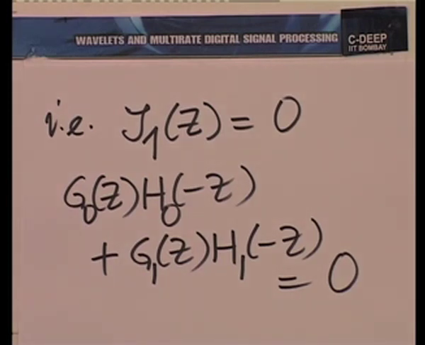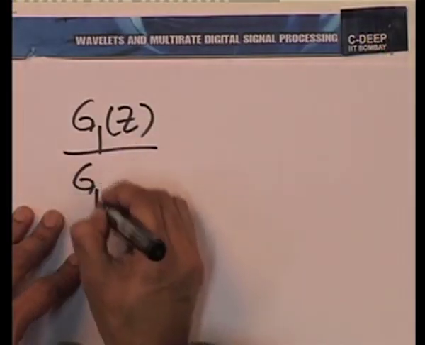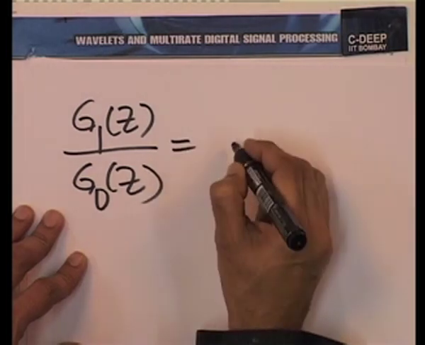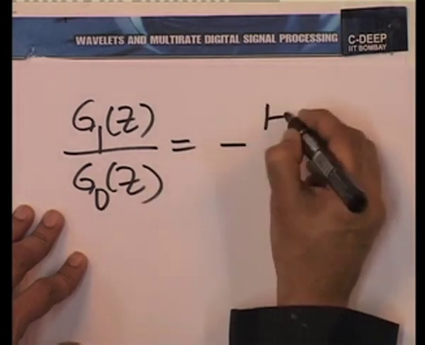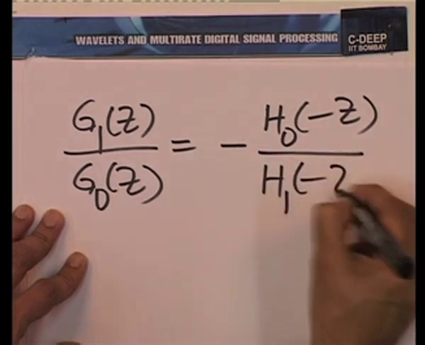And in fact, if we wish to explicitly express the synthesis filters in terms of the analysis filters, we could do that as well. Let us rearrange this equation to get G1(z) by G0(z) is minus H0(minus z) by H1(minus z).